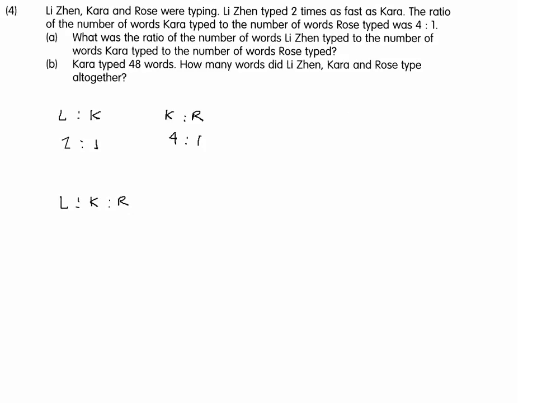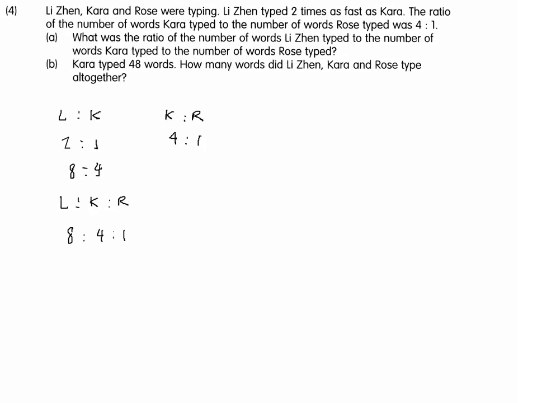Kara, right? So what's the lowest common multiple, Kaden? 4. So I know I need to make this 4, and Li Zhen becomes 8. Right? Okay. So I've got 8 is to 4 is to 1. So that's the first answer, right or wrong?